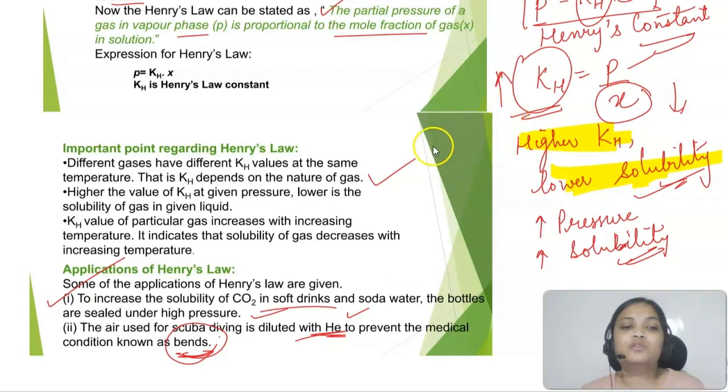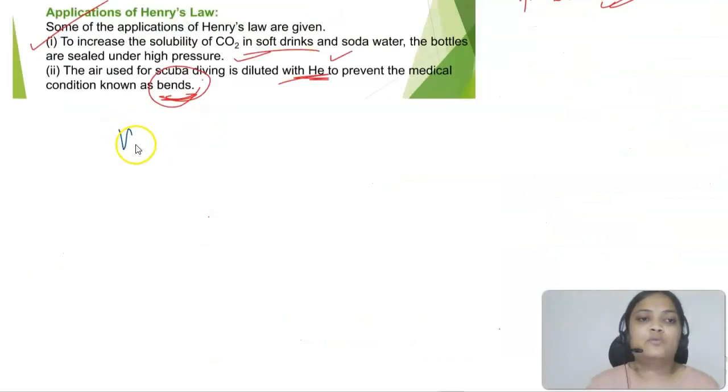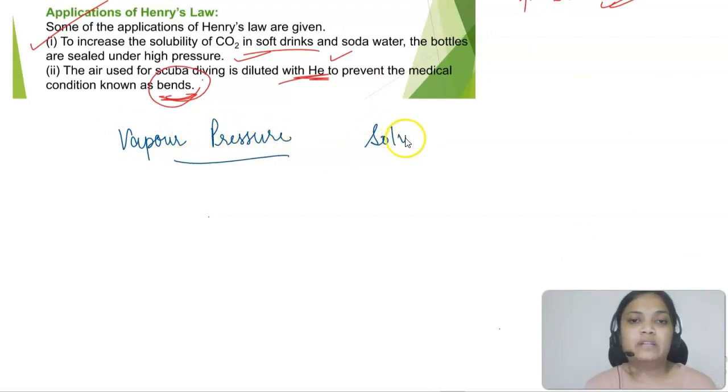Okay. So students, that was related to solubility. I hope it's clear. Now we will be talking about the vapor pressure of liquid-liquid solutions. If I talk about the vapor pressure of a liquid-liquid solution, a liquid solution means the solvent is liquid.